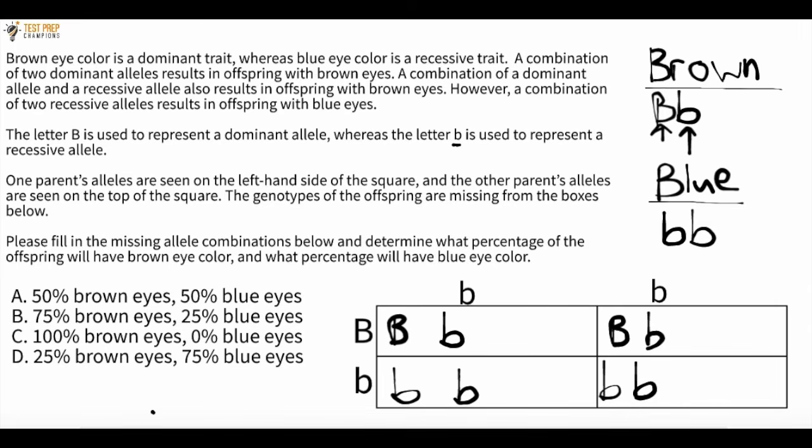It looks like 2 out of the 4 combinations are going to have brown, because we have big B, little b, big B, little b. So 2 out of the 4 are going to have brown eyes, and 2 out of the 4 would have blue eyes. That means 50% brown eyes, 50% blue eyes. So A is the correct answer here.